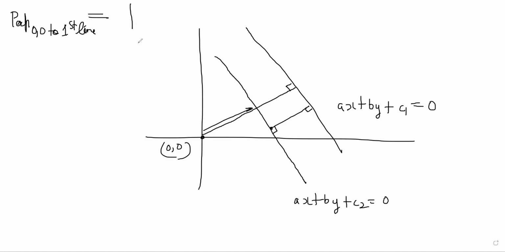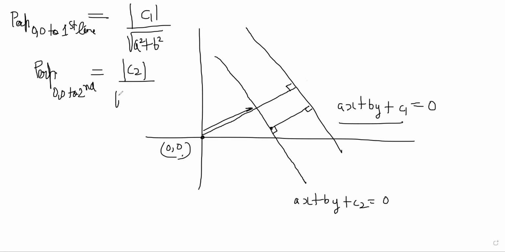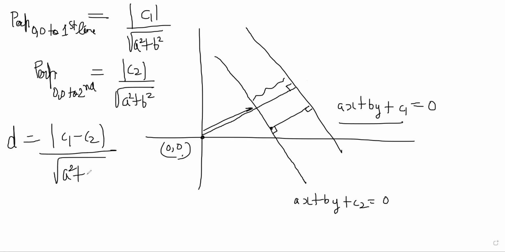That distance will be mod of, put 0, 0 in this, you will get mod c1 by root over a square plus b square, right? And perpendicular from 0, 0 to second line, you would get mod c2 by root over a square plus b square, right? So then obviously the distance between them will be the difference of these. So it will be mod of c1 minus c2 by root over a square plus b square, right?